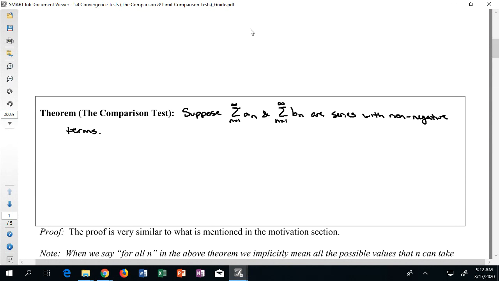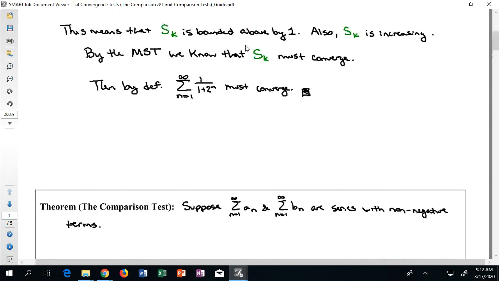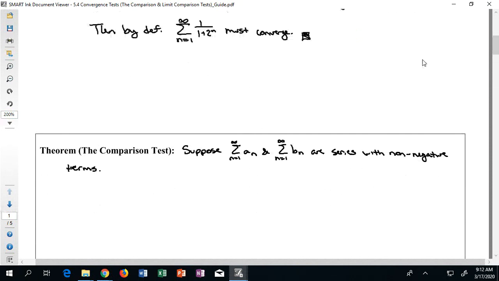No negative numbers ever occurred in the addition problems above. And that was important when we wanted to argue that S sub k was increasing. If I ever added on something negative to the running total, that running total would go down. And so I wouldn't have increasing. So I need to make sure I have a series with non-negative terms. Negatives are bad, zeros and positives are okay.